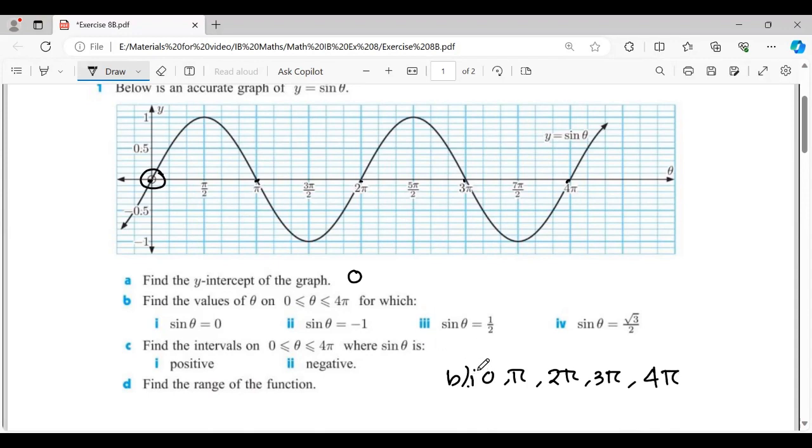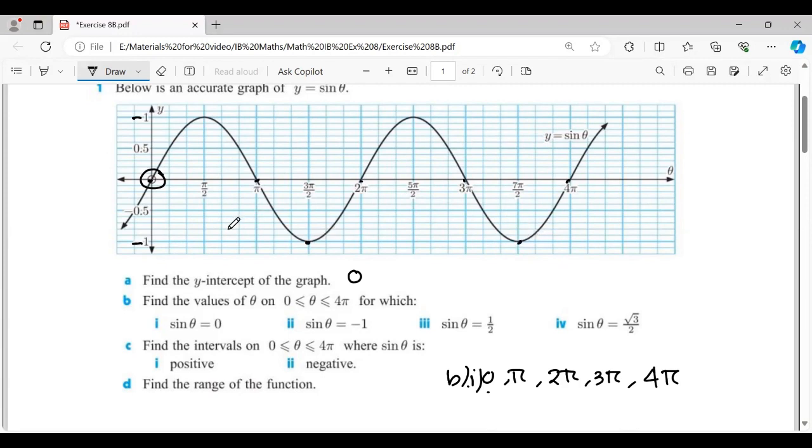B2. If sine theta equals -1. This is -1, and this is 1. Sine theta equals -1 at this point and this point.